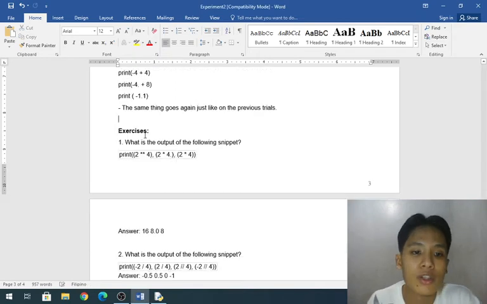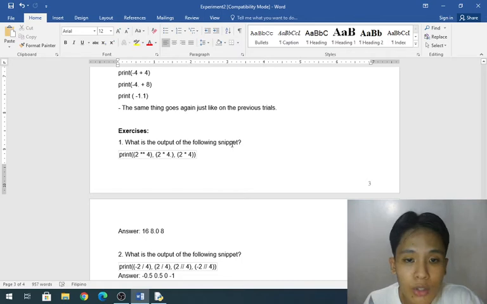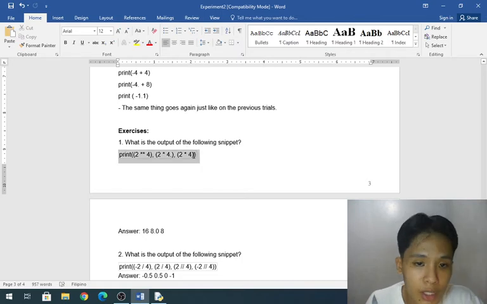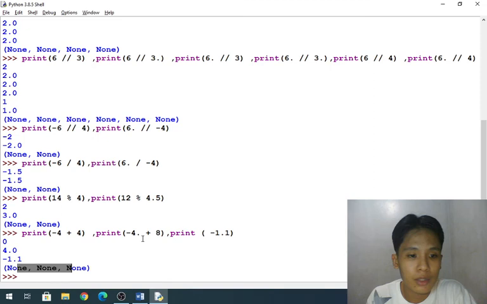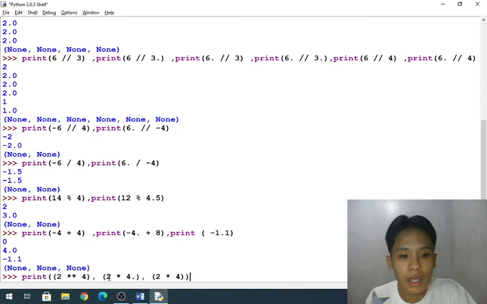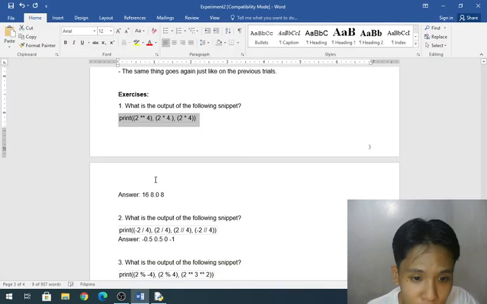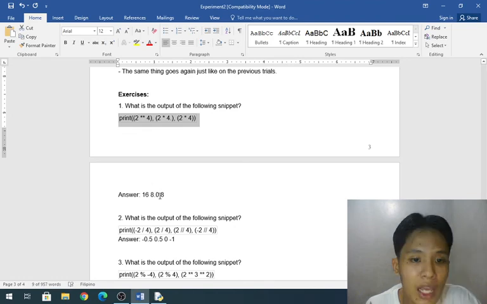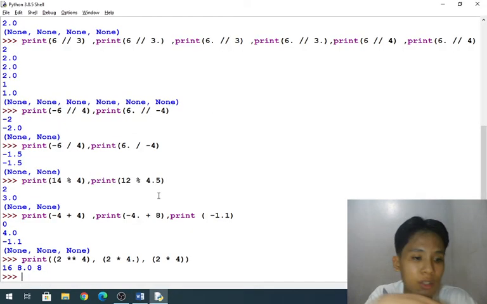So exercises. What is the output of the following snippet? Let us print this snippet and enter. My answer was 16, 8.0 and 8. So still 16, 8.0 and 8. There you have it.